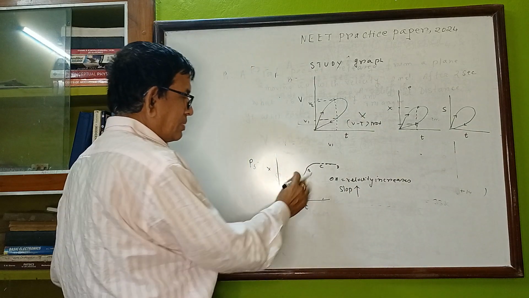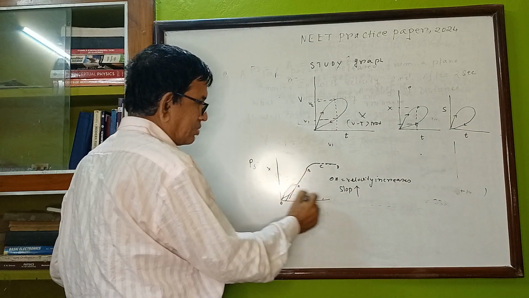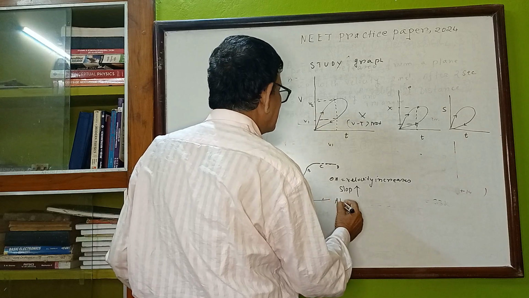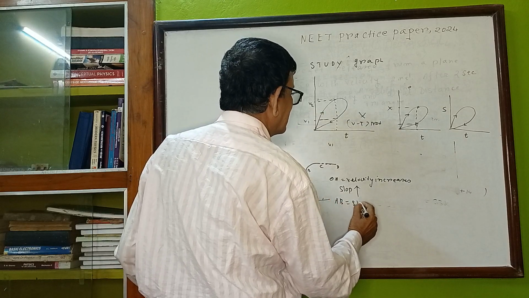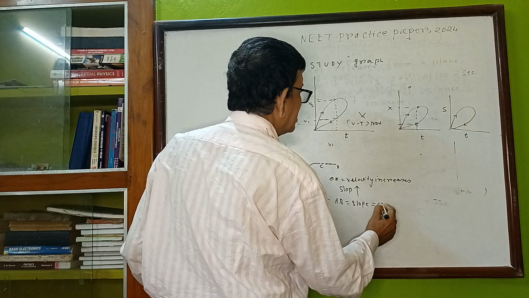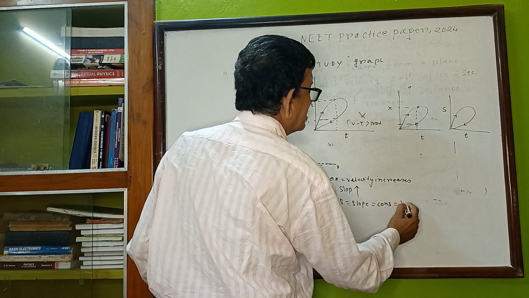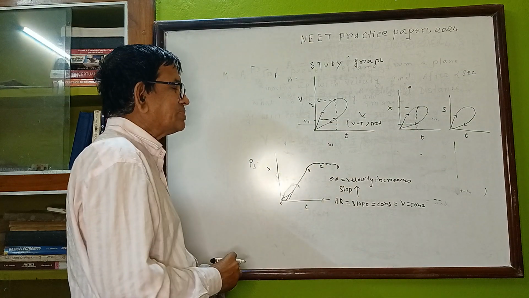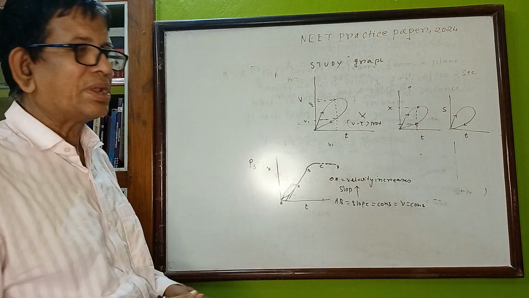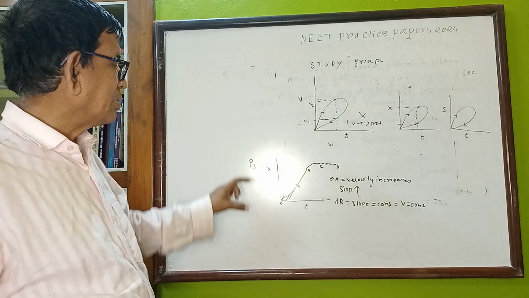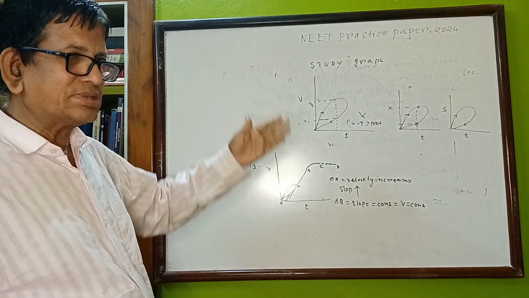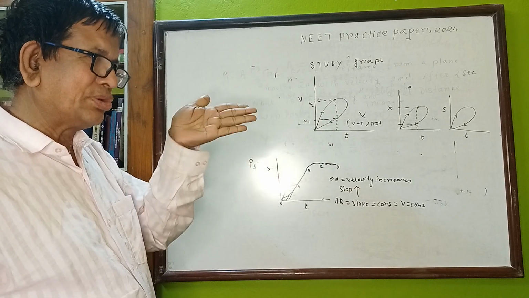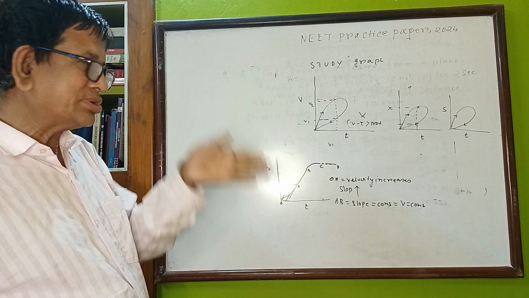Clear? AB is a straight line, so the slope is constant, and a constant slope means constant velocity. Because in a displacement-time graph the slope tells you the velocity. When the slope gradually increases, velocity increases. When the slope is constant, that means velocity is constant.